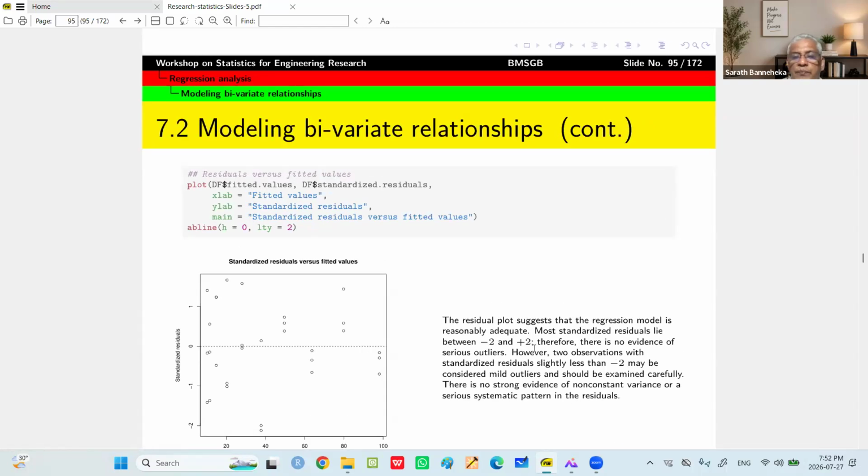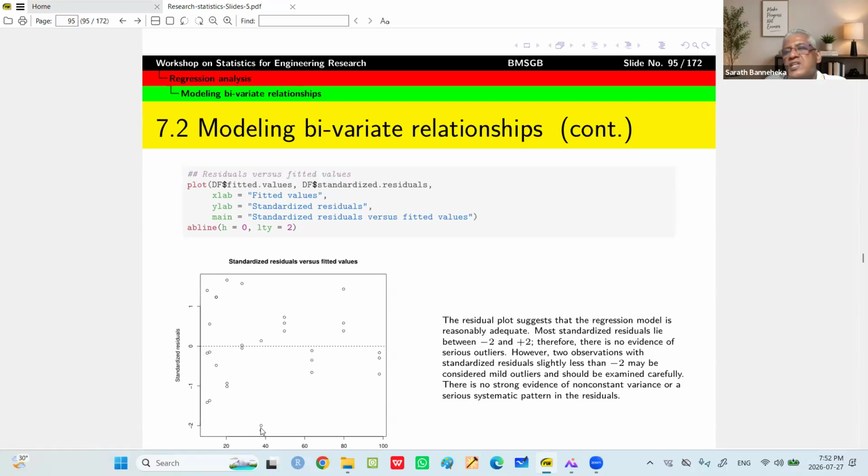Therefore, there is no evidence of serious outliers. However, two observations with standardized residuals slightly less than -2 may be considered. So there are two slightly less than -2, but that's not a big problem as mentioned.